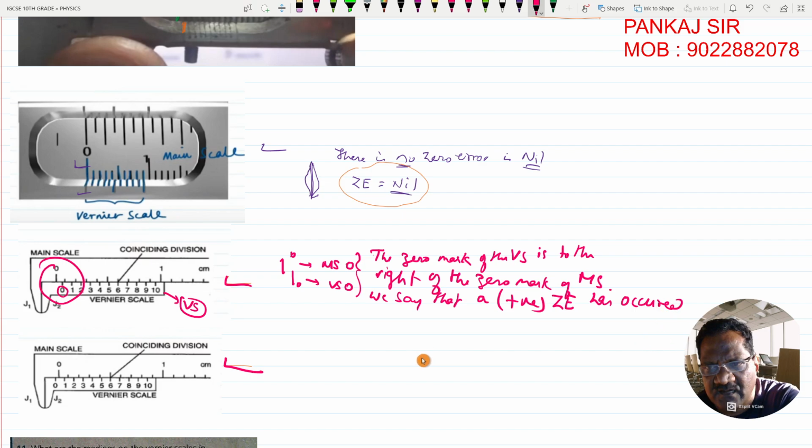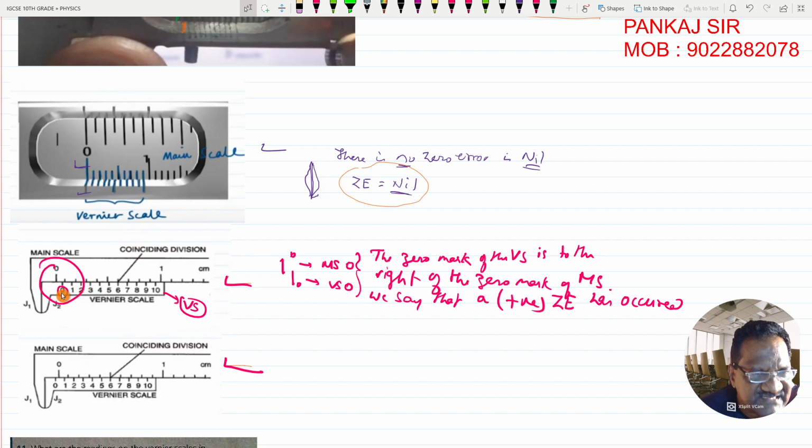Now what is the value of this positive zero error? If you want to ascertain the value, you start from the vernier scale 0, go to the right and see which particular division of the vernier scale is exactly aligning with the main scale division.